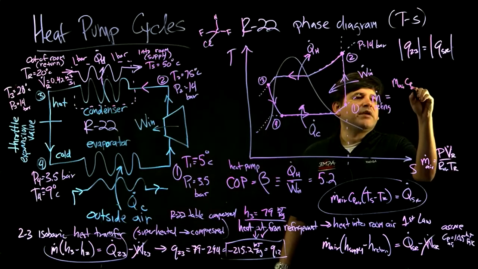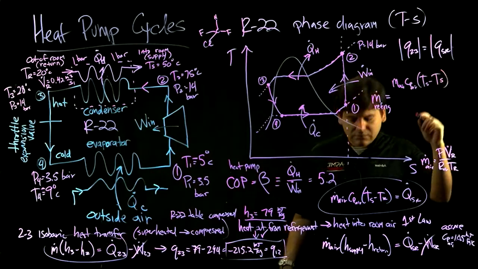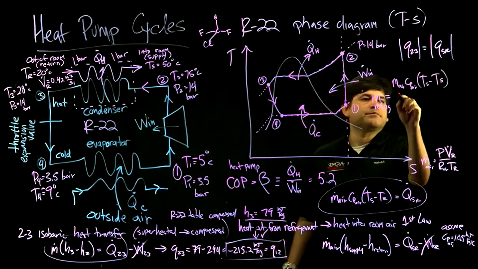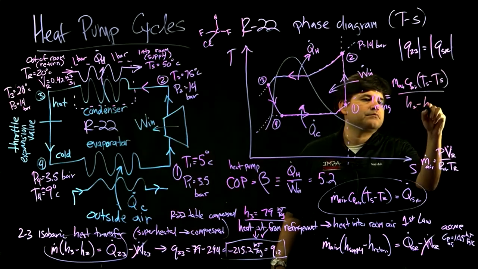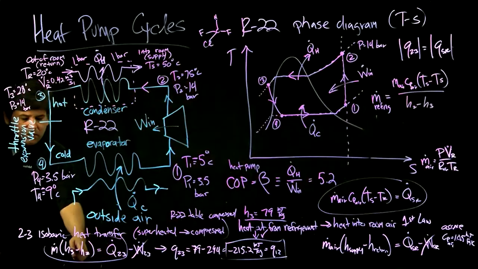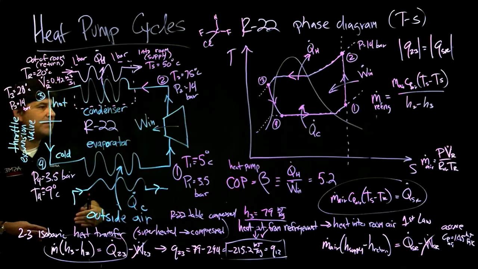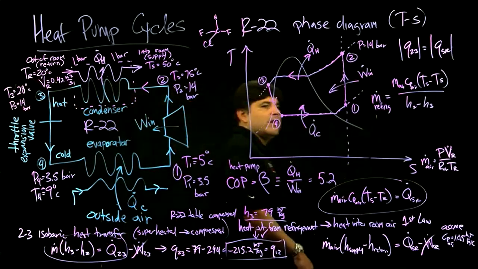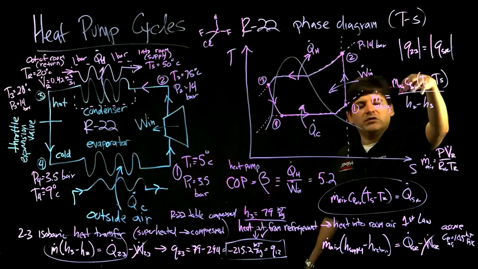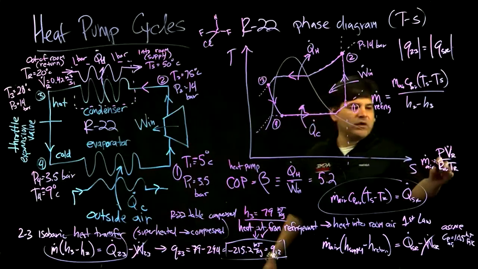Assuming constant heat capacity, you can simplify it in terms of temperatures. So here it's a negative value, so we can flip that to make that a positive, because the magnitudes are what's the same. So the mass flow rate of air, we can use the first law for both sides, because we know the mass flow rate of air.